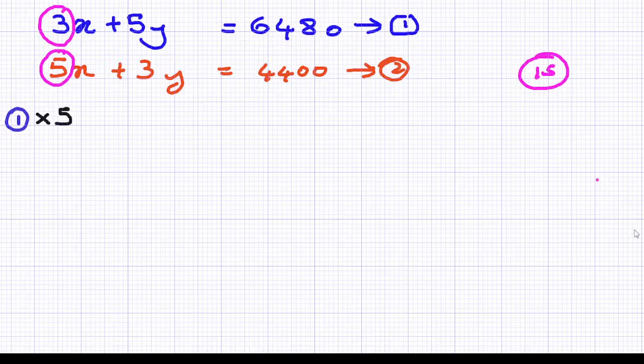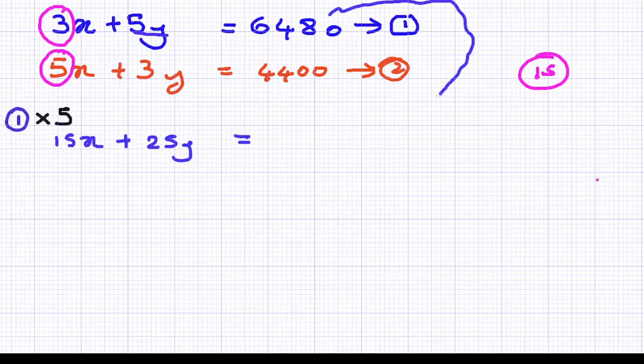Then what would I get? 3x times 5 would give me 15x. Then 5y times 5 would give me 25y. And 6480 times 5 would give me, that is 648 times 5.